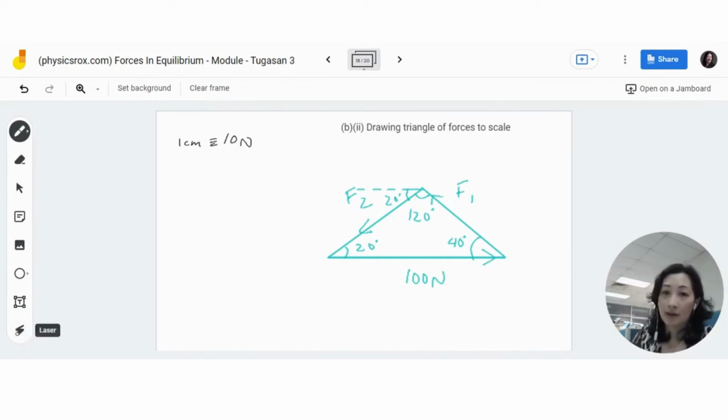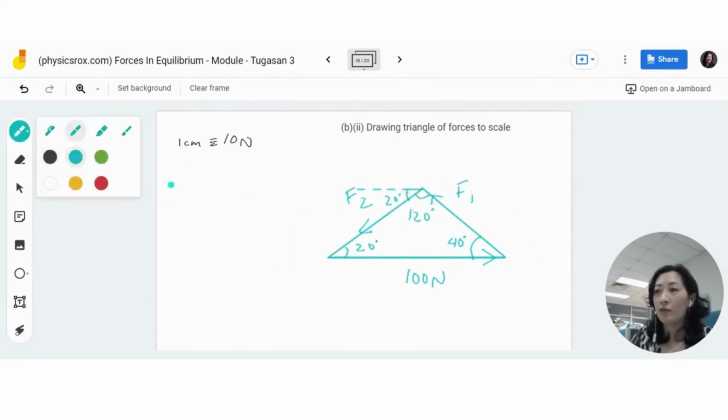If you don't know how to get started, what you do is you draw what you know. You know 100 Newton. So 100 Newton based on the scale should be 10 cm, draw 10 cm. Use your protractor, measure out 20 degrees, this is F2, draw, protractor again, 40 degrees, draw these two. You will find that they will intersect, and then you measure out F1 and F2 based on what you've drawn.